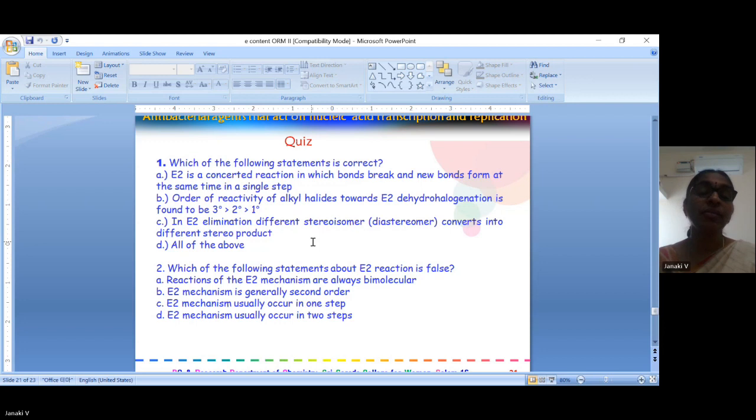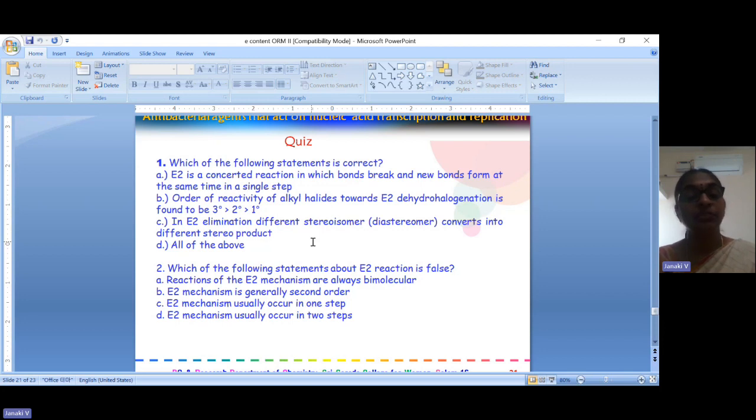So here all the statements above that we have seen about the elimination are correct. We know that it is a concerted reaction, and then the order of the reactivity also follows tertiary, secondary, and then primary. And then in this video, we have seen different stereoisomers are converted into different stereo products. So here option D is the correct one.